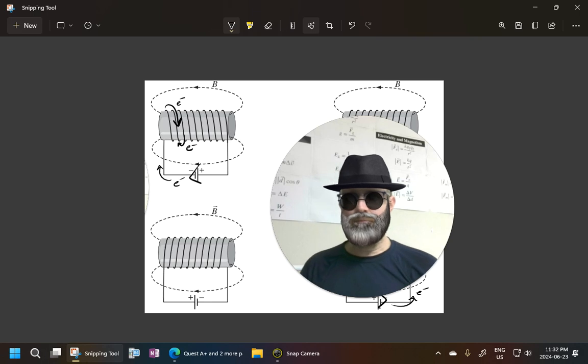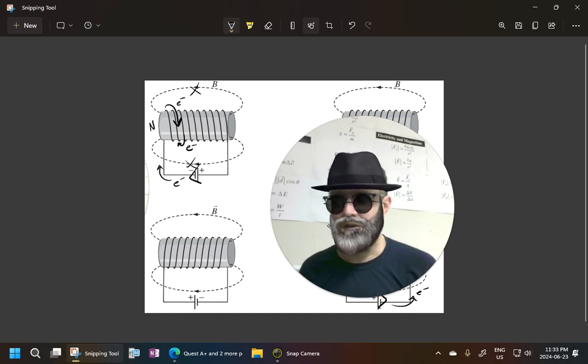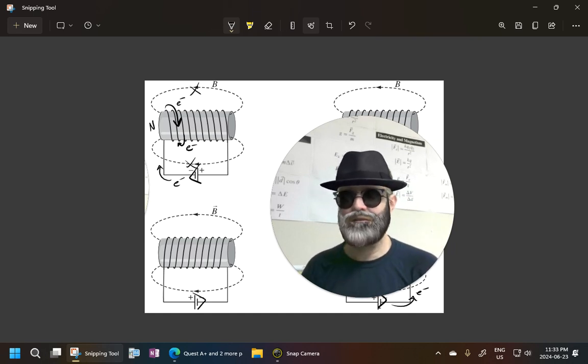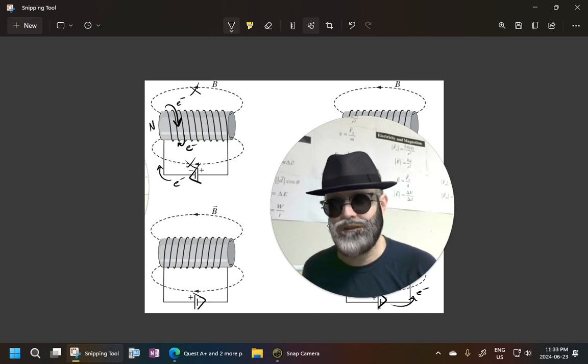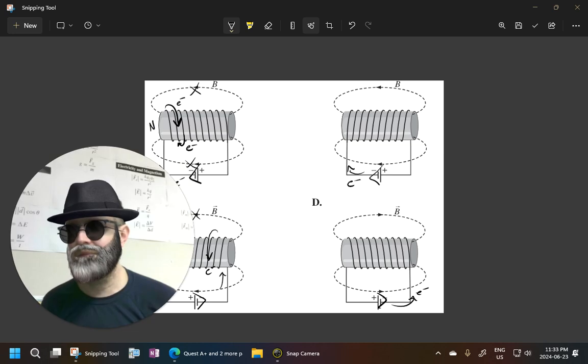And when I do that, I get my north on this side because that's the direction my thumb is, and then the fields here are going the wrong direction. Okay, so this one down here is kind of the same idea. I get the north on this side because my electrons are going here and they're going over the top, just like the last one. So it mimics that one up there and they're going the wrong way. So it can't be those two.